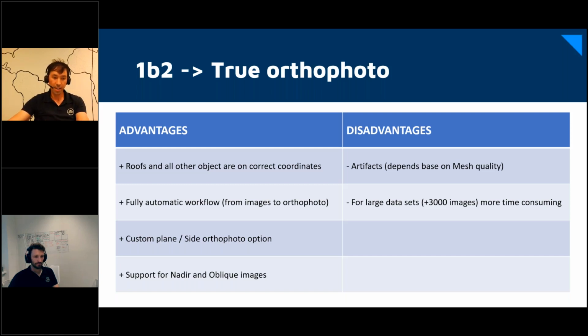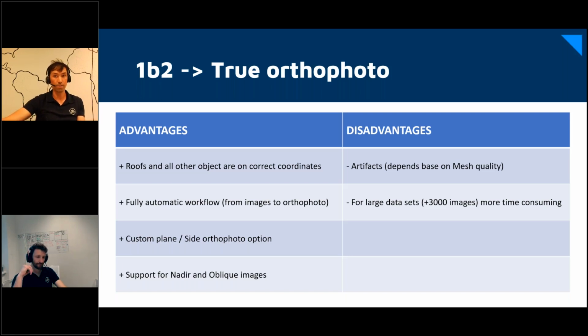Another nice advantage of the true orthophoto approach is that the process can be fully automatic. From images to orthophoto, it's fully automatic because you don't need to do classification in between, which is semi-automatic work. So you can use bundle adjustment in 3Dsurvey, import images, and the calculation can finish with an orthophoto. Then the true orthophoto option also gives you a custom plane orthophoto or side orthophoto.